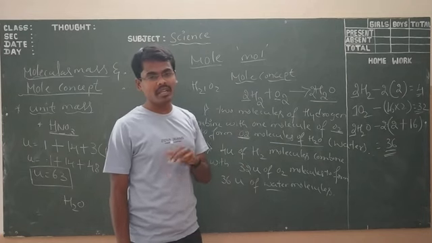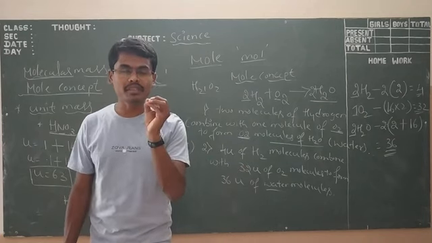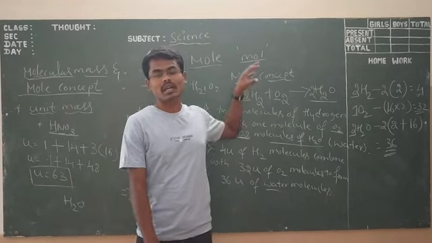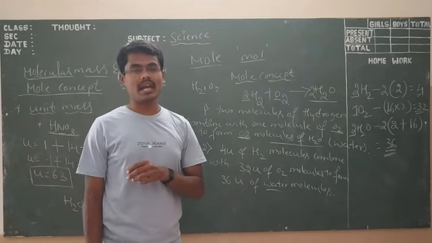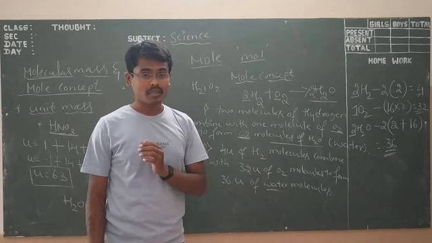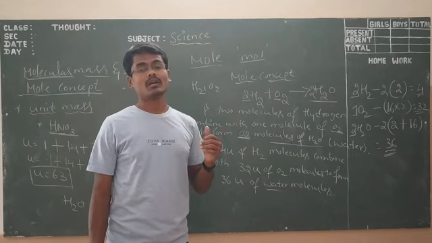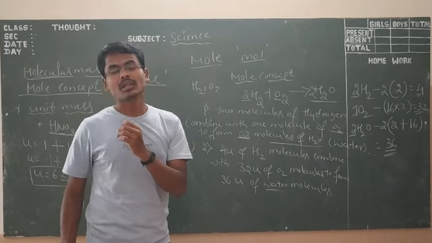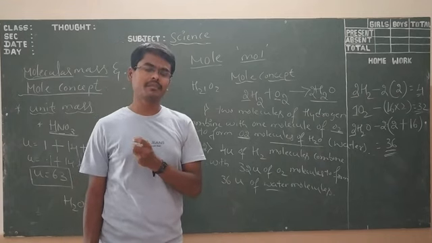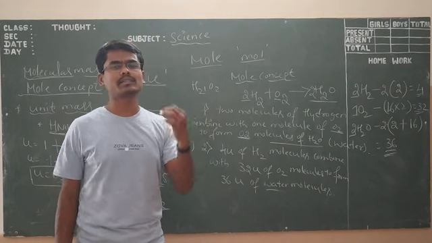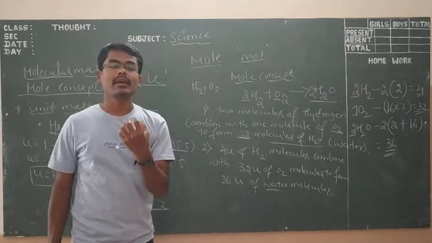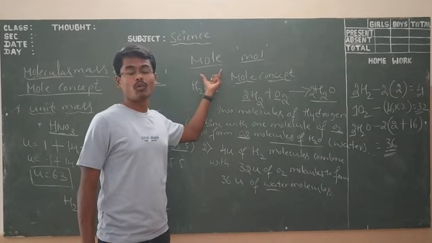The difference between the quantity of a substance and how many atoms or molecules are directly involved in a chemical reaction is that by taking these two parameters, quantity and number of molecules, it is very convenient and very easy to describe and understand by taking this concept, the mole.